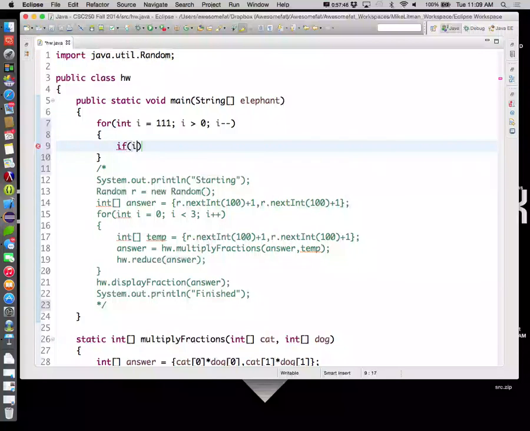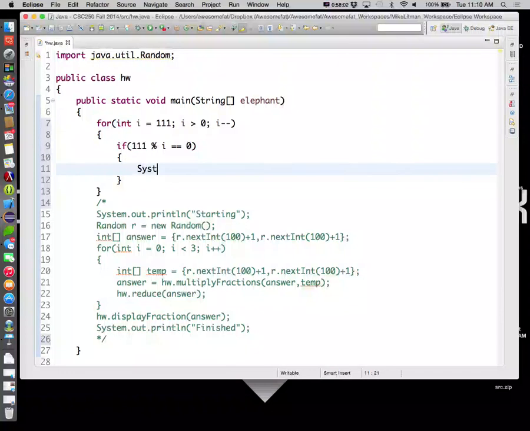If 111 mod i is equal to 0, System.out.println(i).